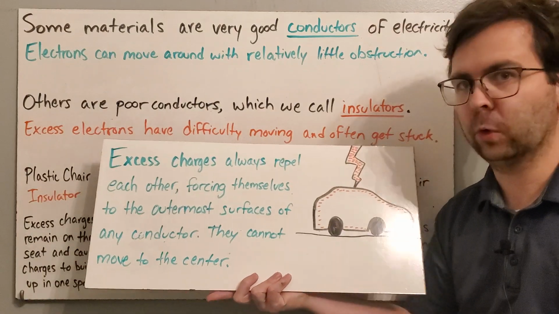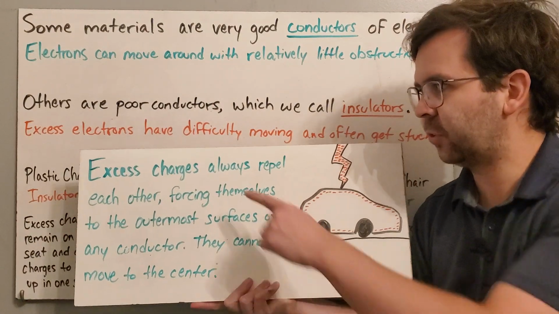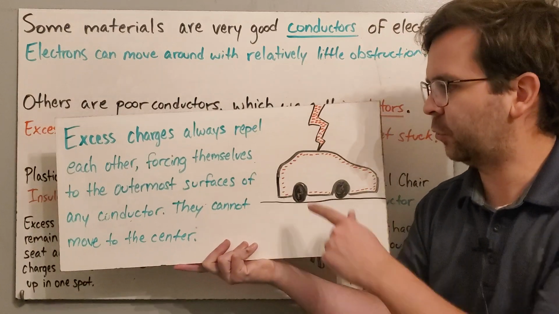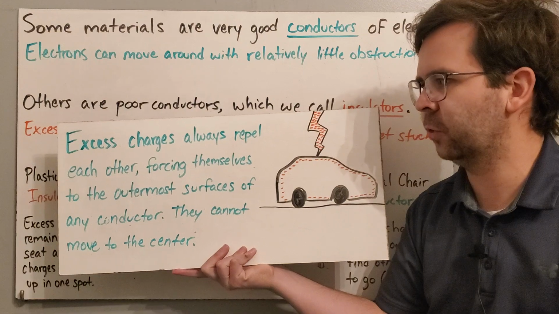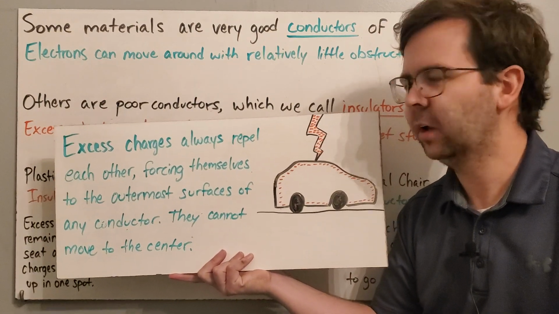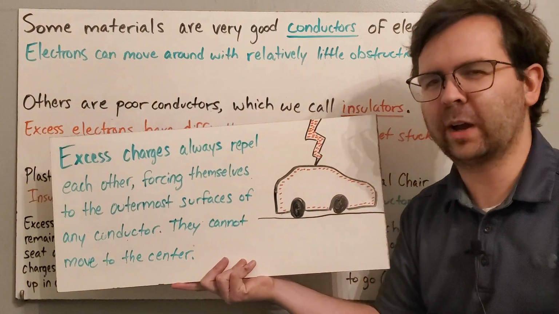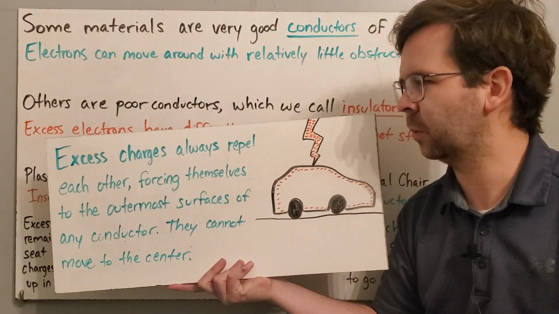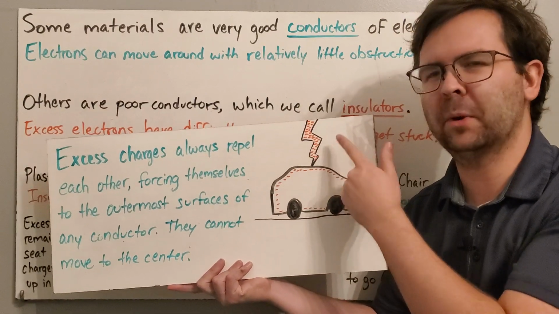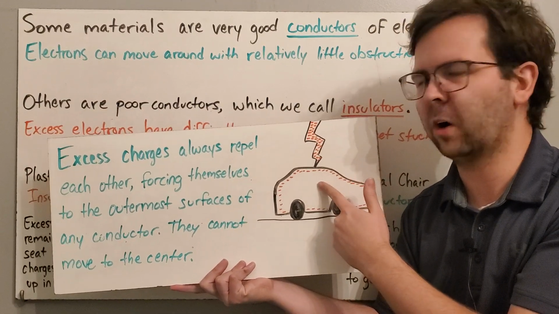And this is a rule in physics that excess charges always repel each other, forcing themselves to the outermost surfaces of any conductor. They cannot move to the center. And so this is why cars are safe in lightning storms, because a lightning bolt, let's say, deposits a bunch of excess electrons onto the car.